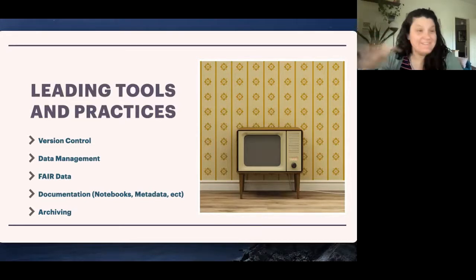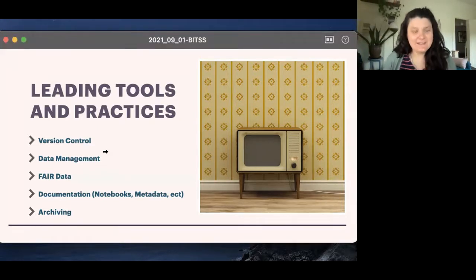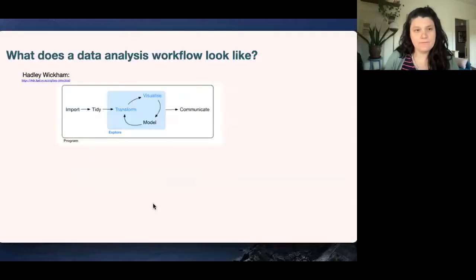Data management, self-explanatory. FAIR data, again, organizing how you present your data. Documentation, again, what did you do during this analysis? Making sure you're documenting all that, and then archiving, presenting it in a way that people can build off what you did.